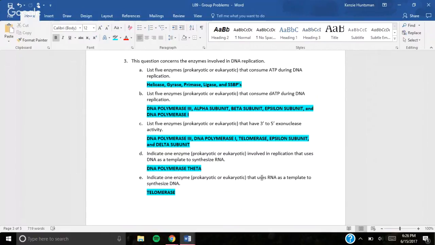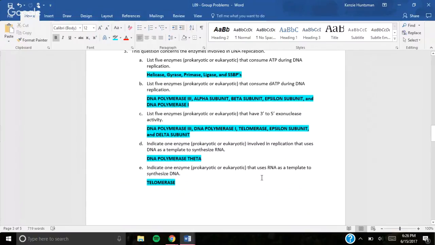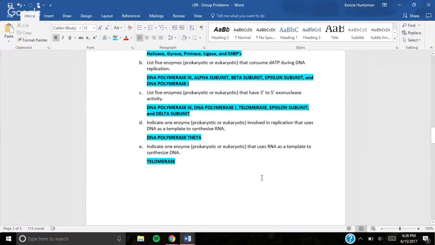All right, for C, we have list 5 enzymes, prokaryotic or eukaryotic, that have the 3' to 5' exonuclease activity. So we had DNA polymerase 3, DNA polymerase 1, telomerase, epsilon subunit, and the delta subunits. And then for D, indicate one enzyme, prokaryotic or eukaryotic, involved in replication that uses DNA as a template to synthesize RNA.